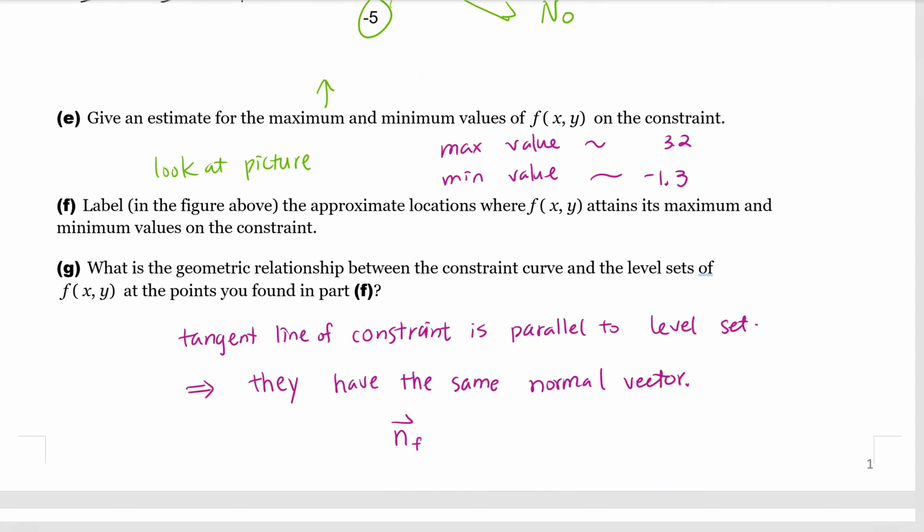We should say that the normal vectors of them are parallel. But we can also say they have the same normal vector because we can find one vector that is normal to both of them. We know normal vectors are not unique.